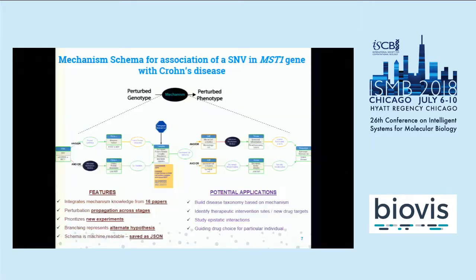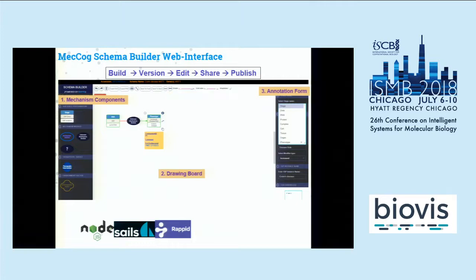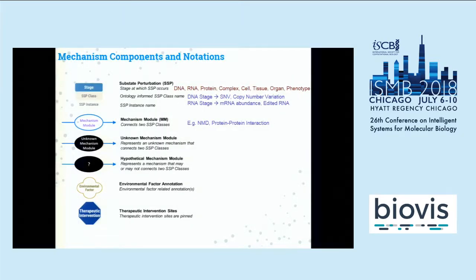Right. So here was a slide. If you look here in the structure which represents an SSP, the SSP class is an ontology-informed SSP class. So we have curated Gene Ontology, MeSH, and NCI Thesaurus to look for terms which will fit in here.